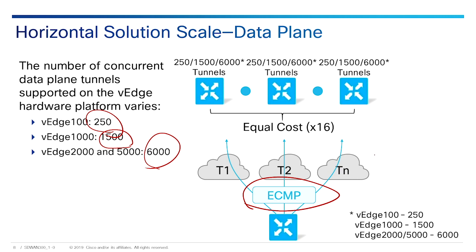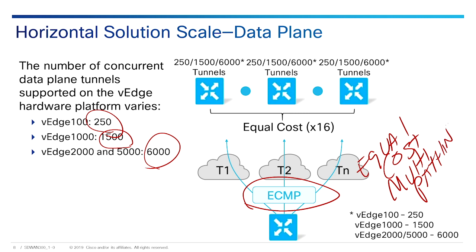Generally, there's an acronym explosion that occurs here, and a lot of this may be new to you. So that's equal cost multipathing. Basically what it implies is that if I have multiple connections, I'm going to load balance across them. Okay?